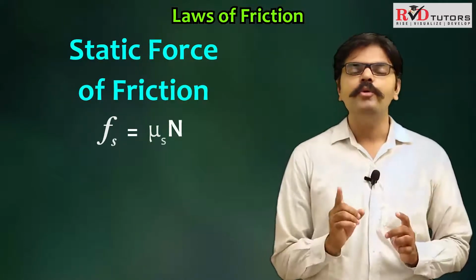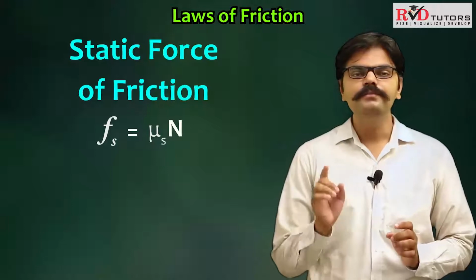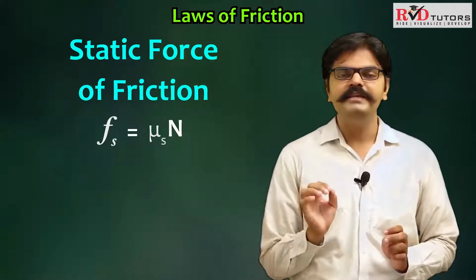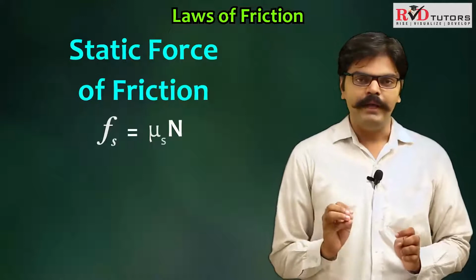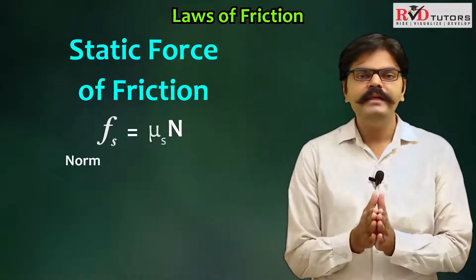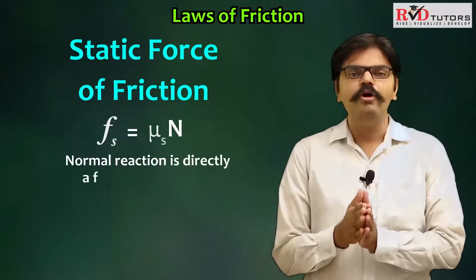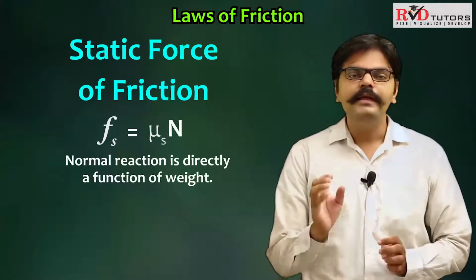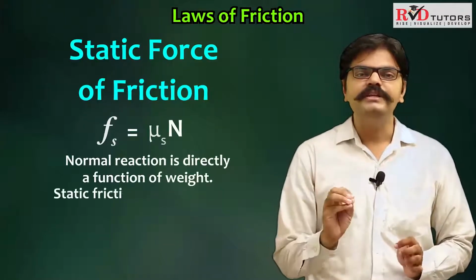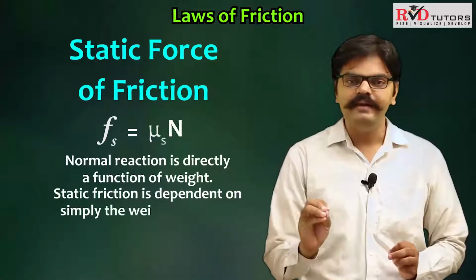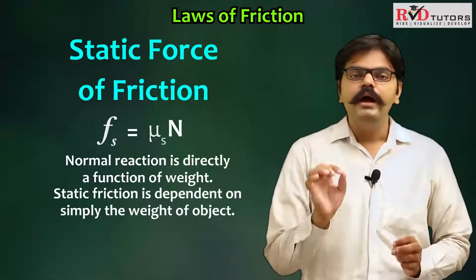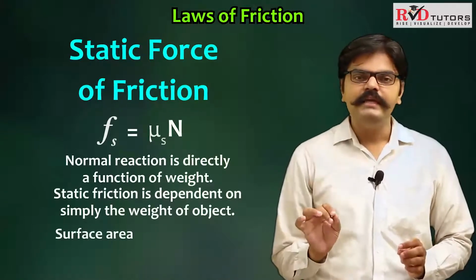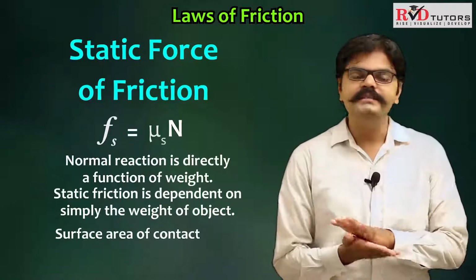Now one thing that is important over here, please note, is that normal reaction is very significant. Let me tell you why. Because normal reaction is directly a function of the weight. That means static friction is dependent simply on the weight or normal reaction of that object. Exactly how much area is in contact with another surface doesn't really matter.